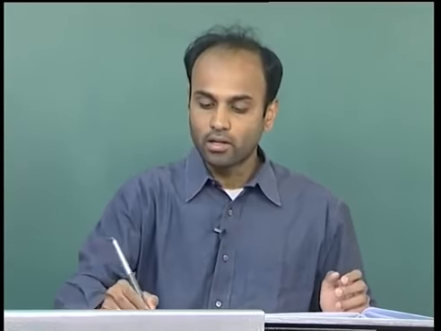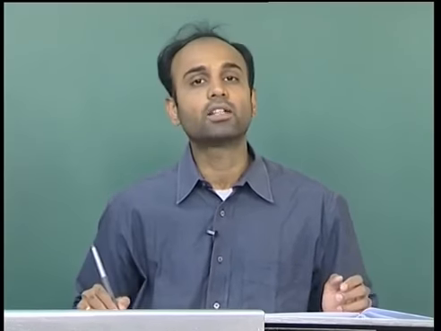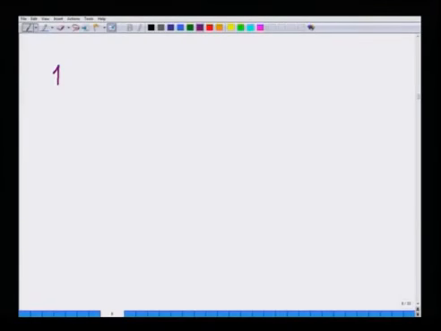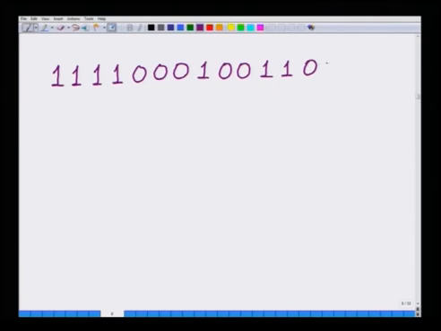Let us look at some properties of these PN sequences. The PN sequence that was generated was, let me write it down: 1 1 1 1 0 0 0 1 0 0 1 1 0 1 0.